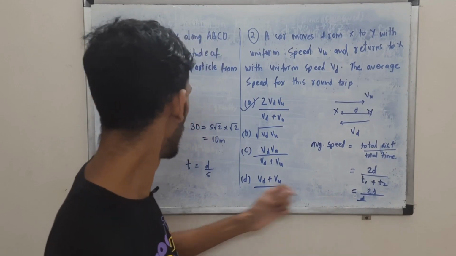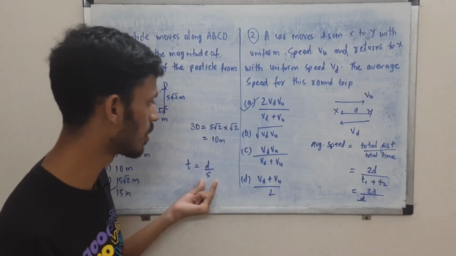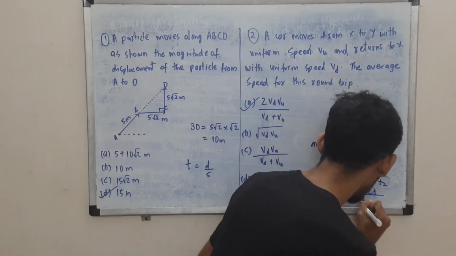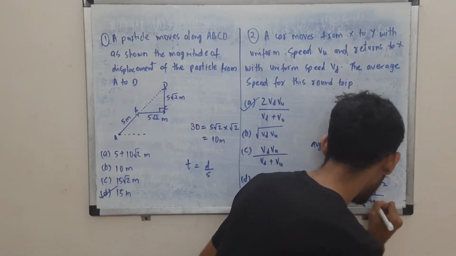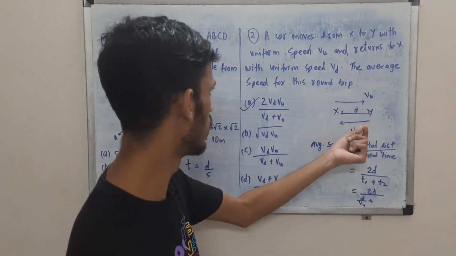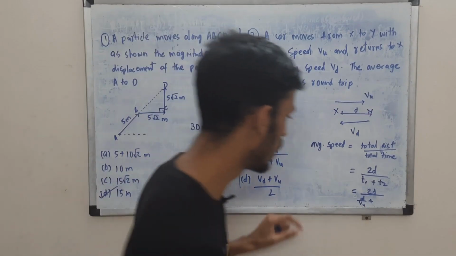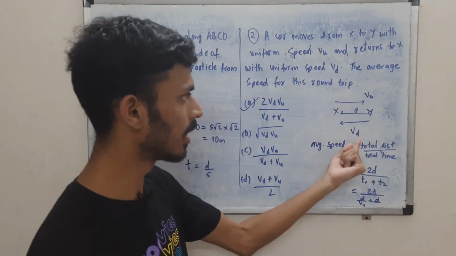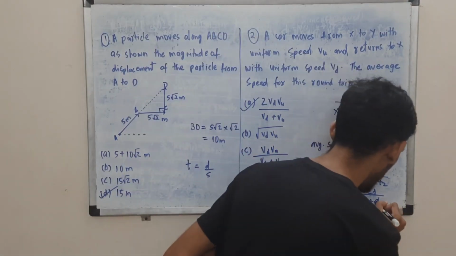And what is the time taken? Time is distance upon speed, so speed in that journey is vu, plus, now for the second return journey, we have again the distance d, and the velocity while returning is vd.